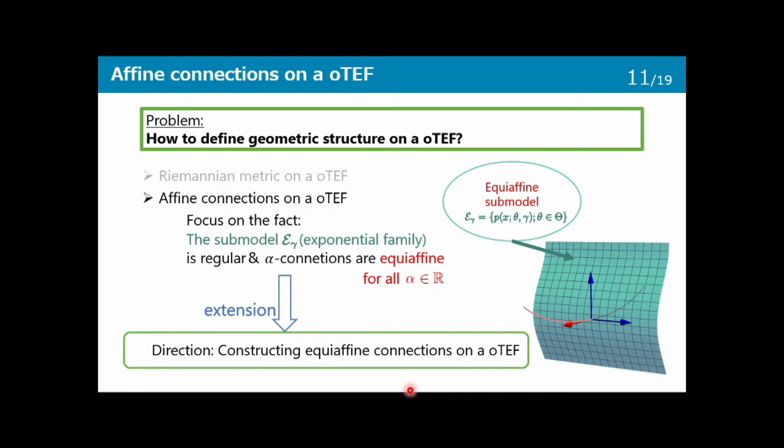After Riemannian metric, I'd like to talk about affine connections. Here, recall that the model E gamma is an exponential family. For the definition of affine connections, I focus on the fact that alpha connections on exponential family are always equiaffine.